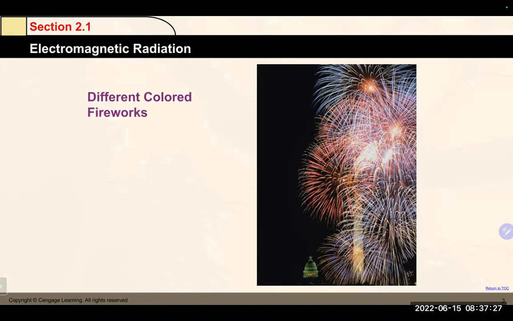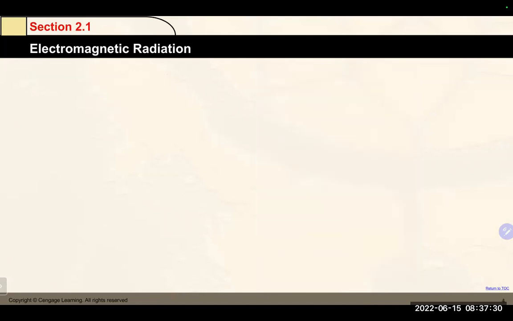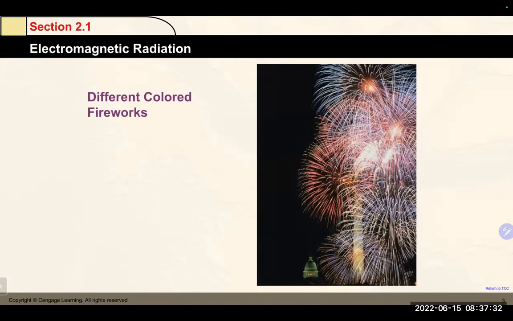So that is fireworks, appropriate for the 4th of July coming up soon. But why do we see these colors? The basis of a lot of what we're going to be talking about in this chapter is the idea of electrons, which find themselves on different energy levels.